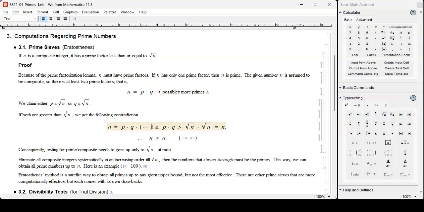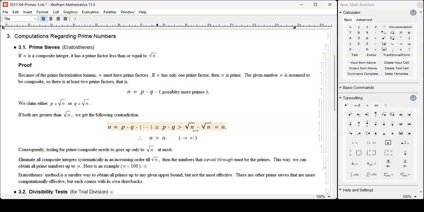So n is p times q times some possibly more primes, which I just highlighted in red. But what if I just drop it out? Bring those down to 1, then I've underestimated, so I'm going to get less than or equal. So we went down a little bit.